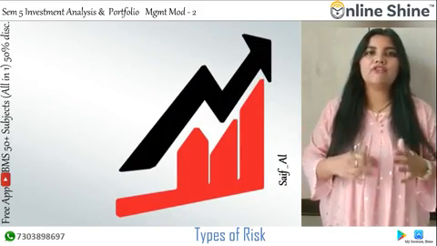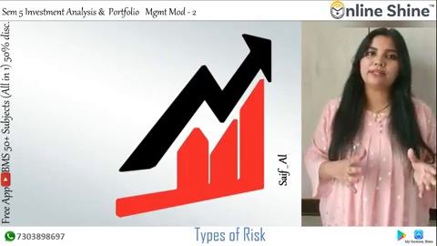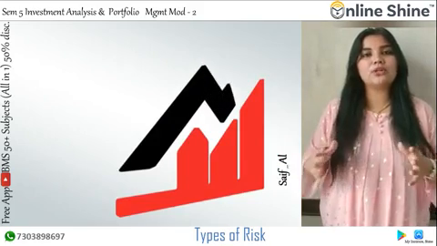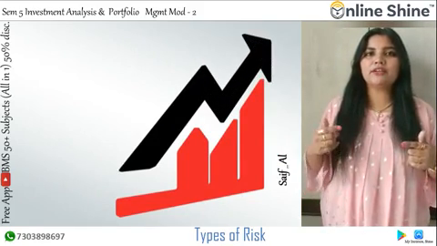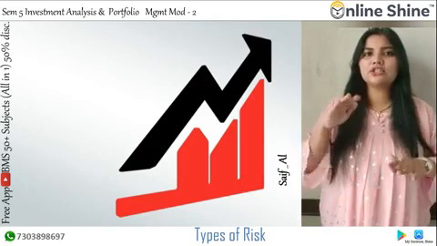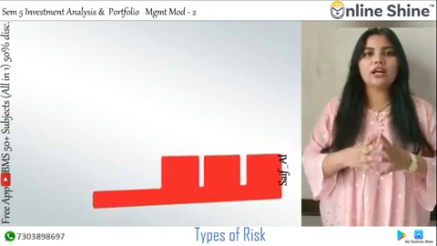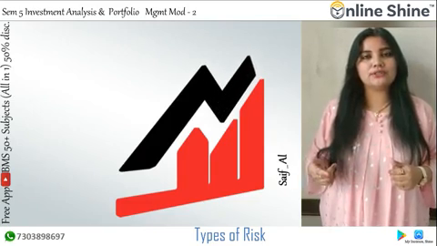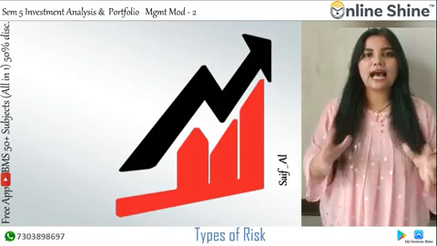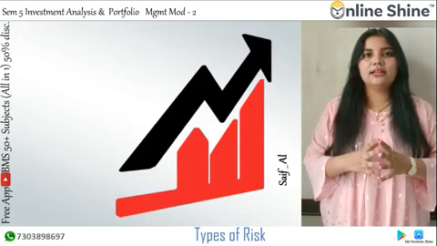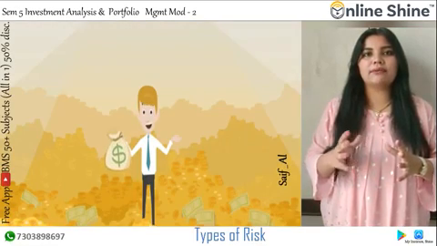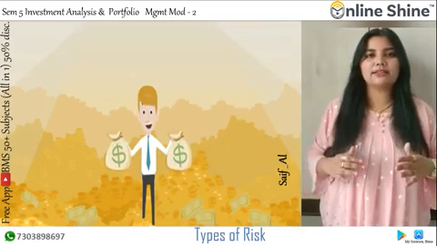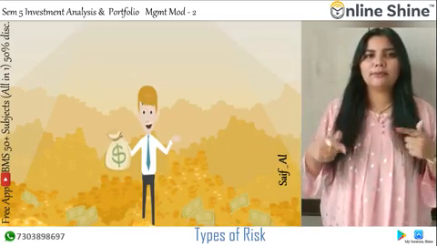Now the next one is unsystematic risk in a detailed manner. Sometimes the return from a security of any company may vary because of certain factors particular to that company. Variability in returns of a security on account of these factors is micro in nature. It is also known as unsystematic risk, that is diversifiable. This risk is in addition to the systematic risk affecting all companies.